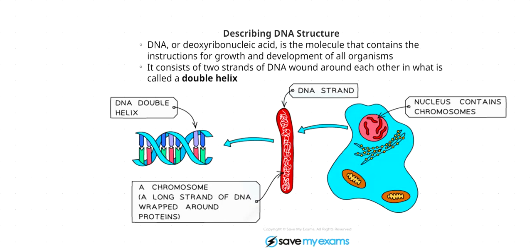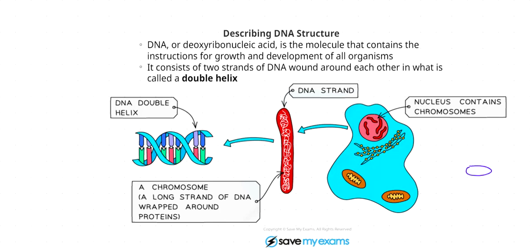It is a nucleic acid which is present in all living cells, not only in plants and animals, but in bacteria as well. In eukaryotic, advanced cells like plant and animal cells, this DNA along with protein combines together and forms a chromosome, a thread-like structure.